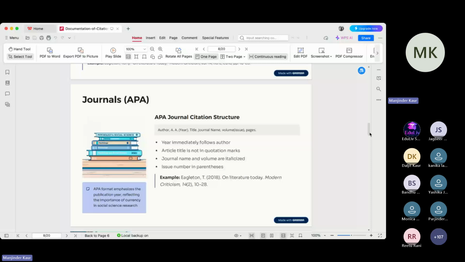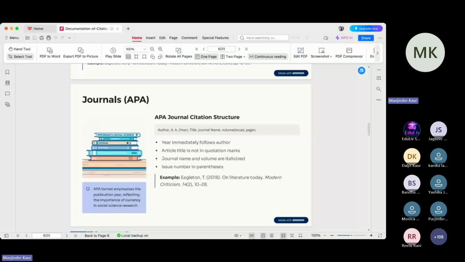Eagleton, comma, T. We are not putting Terry also, just T, period, then in parenthesis, the year of publication. After that also a period, then the name of the article or chapter, period, name of the book and the volume and the page numbers through which it runs, but we are not quoting pp. We are merely writing the page numbers.